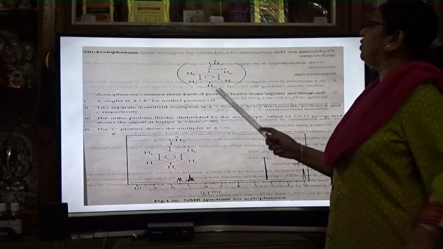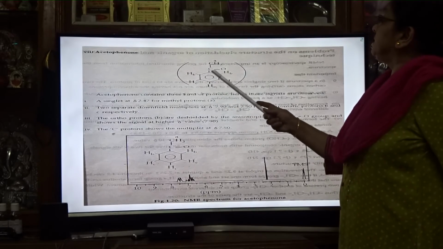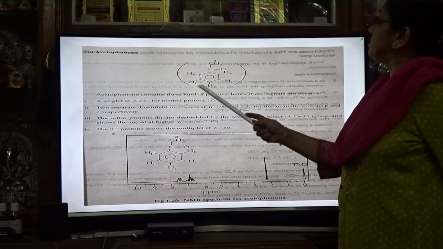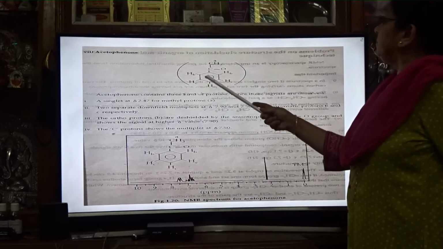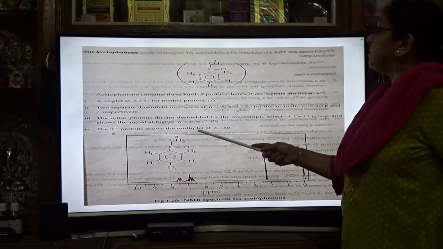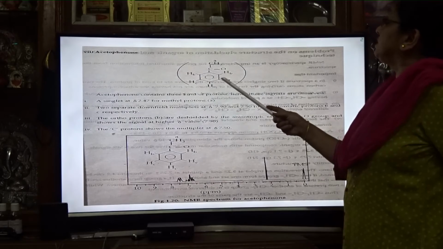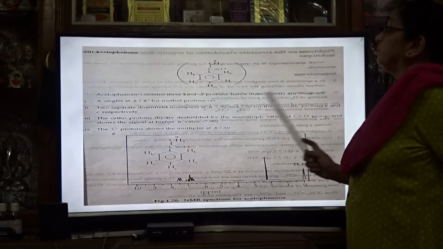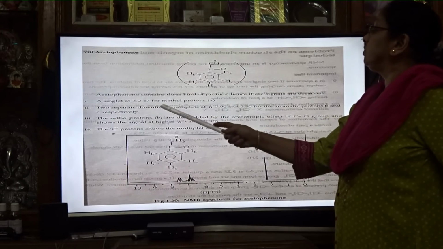Next is acetophenone. Benzene ring, C double bond O, CH3. It is having 3 types of protons, A, B and C, which means it is having 3 signals. Acetophenone contains 3 kinds of protons, hence 3 signals are observed. A singlet at del 2.47 for methyl protons.